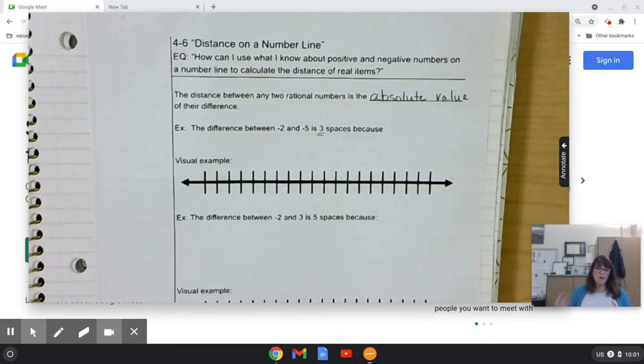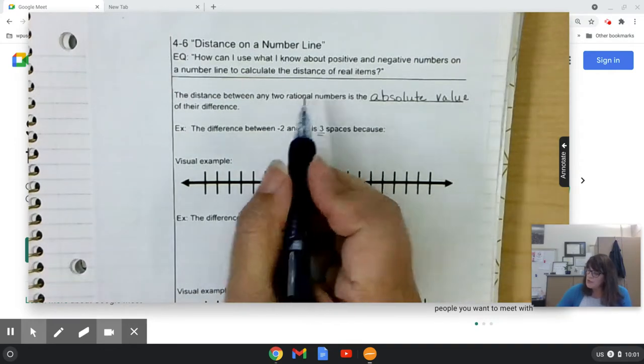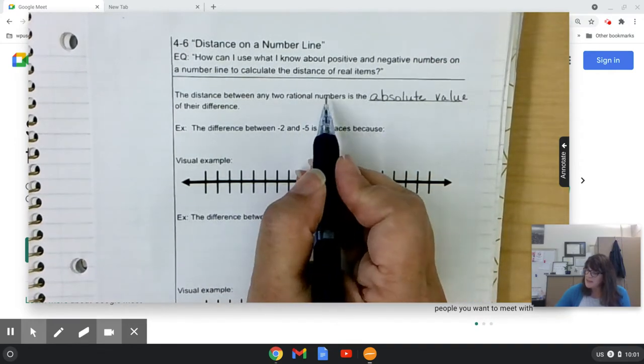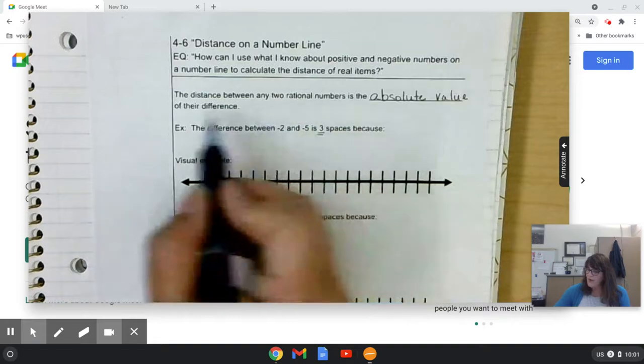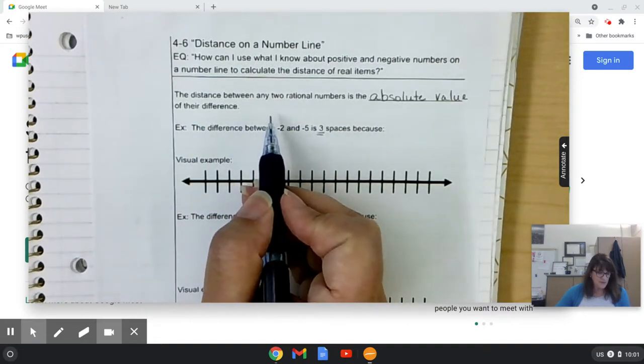I'm going to show it to you with the absolute value, and I'm also going to show it to you on a number line. I feel like the number line makes more sense. I'm not sure I would write absolute value every time for me doing it, but I want you to understand both pieces. Okay? So the definition says it's the absolute value of their difference.